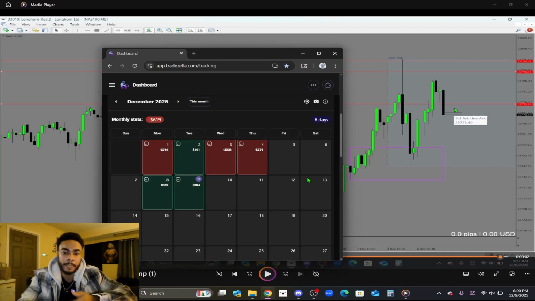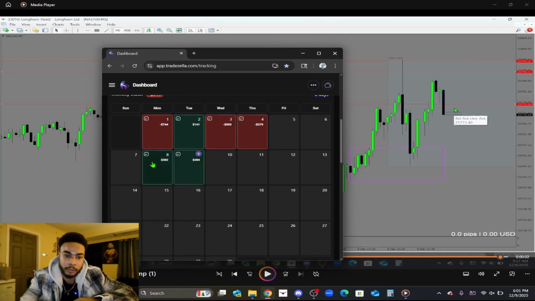But as long as you follow your rules and stay consistent on the overall amount of trades, following your risk to reward and your risk management plan, you should overall turn out in profit. It just really depends on market conditions, but if you follow your trading plan, you should overall be in profit and not in immense drawdown like I was on Monday.